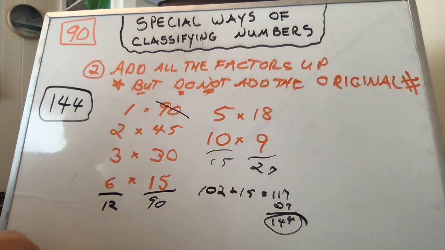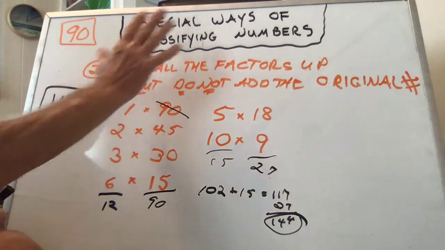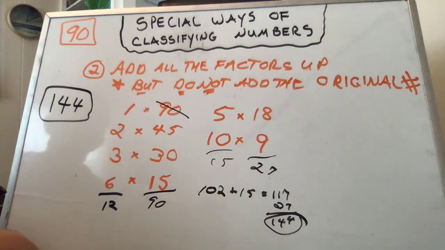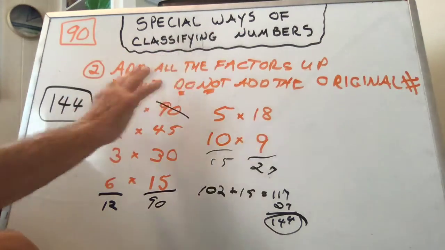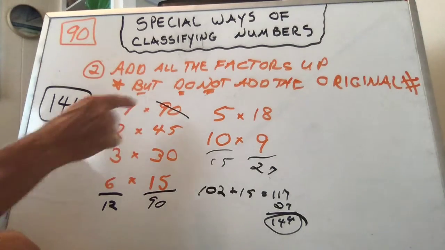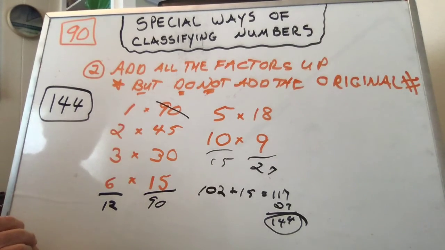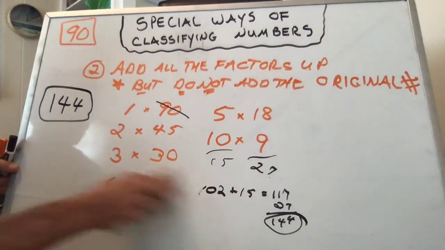Okay, so far so good. So you first list all the factors, all of them. Don't miss any of them. Second, you add all of them up, but you don't add the number you started with. Okay.